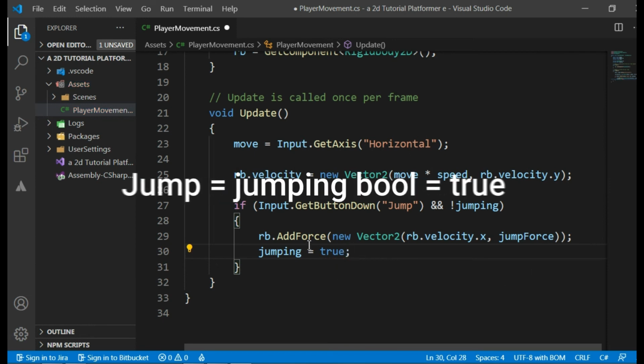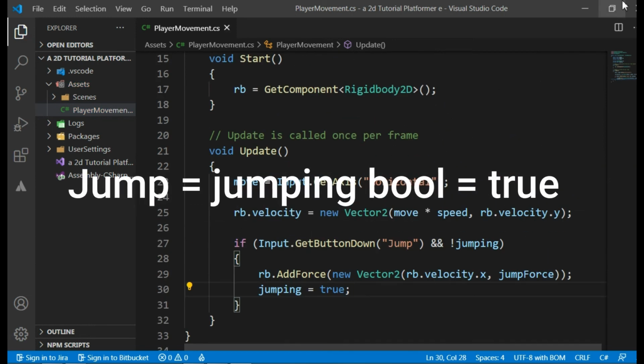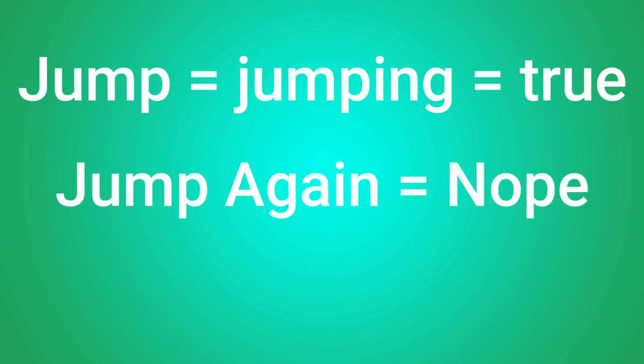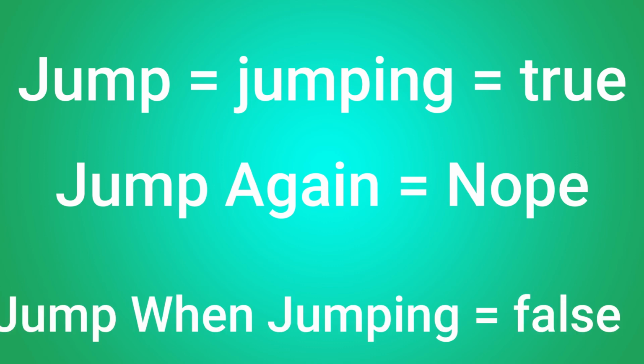So if we jump, the jumping bool is true. But if we try to jump again, we can't jump, because if we want to jump, the jumping bool must be false.